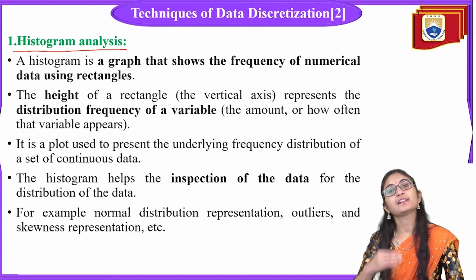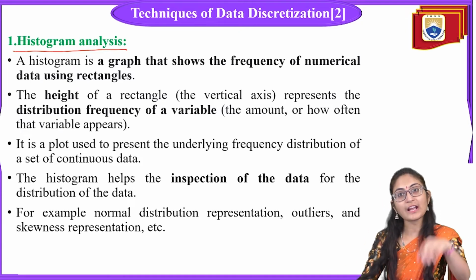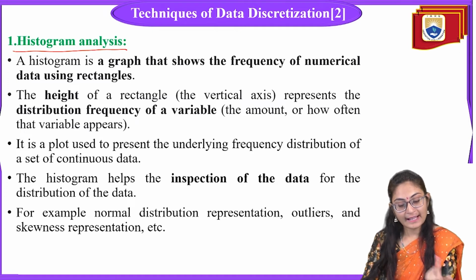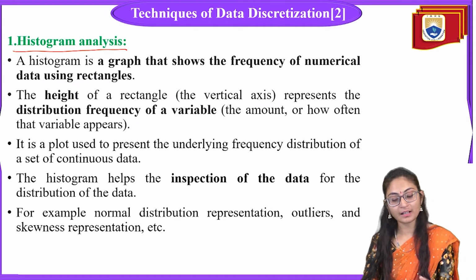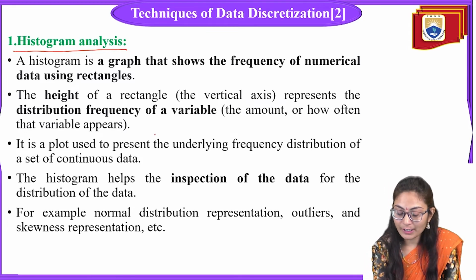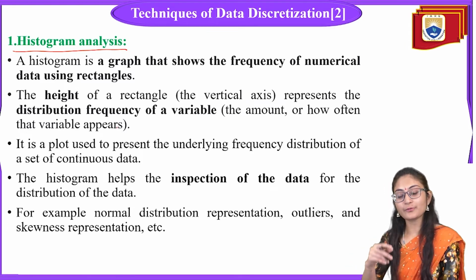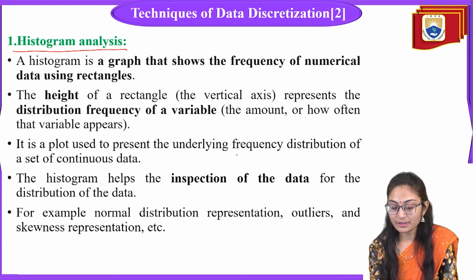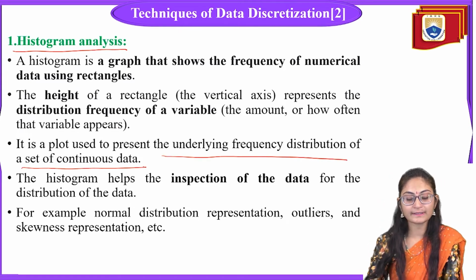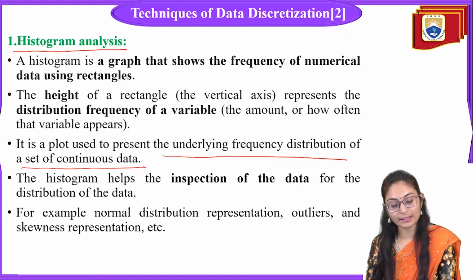In a histogram we have to show the x-axis and y-axis, plot the data on the graph, and show it in the form of rectangles, which underline the frequency distribution of a data set of continuous data.